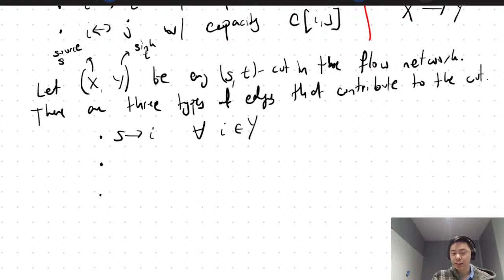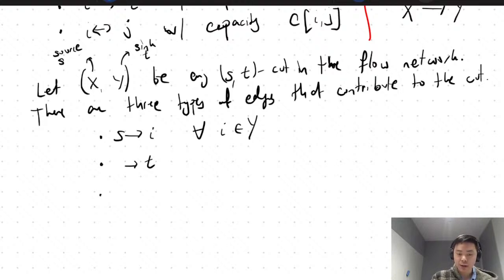Maybe one that includes a sink. Specifically, what edges i to t?